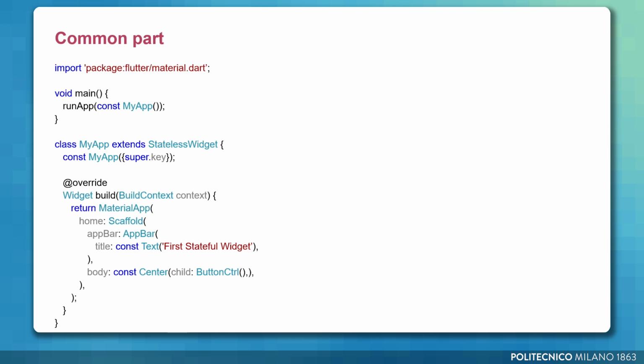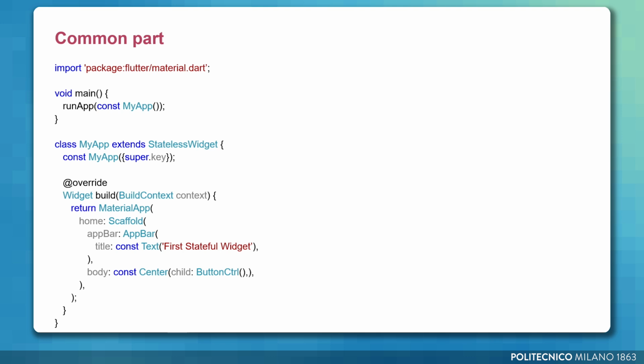As usual, we will stick with the familiar app structure. The first key change is that the child of the center widget is now a button control. Since we are only managing a single button, there's no need to make the entire My App widget stateful.